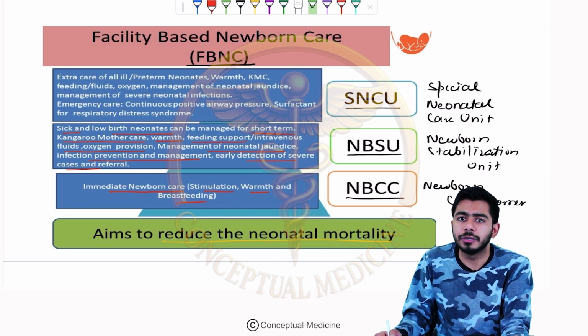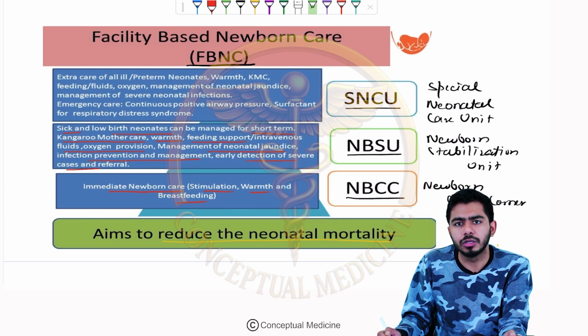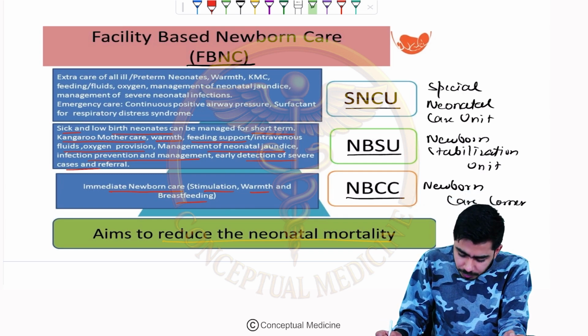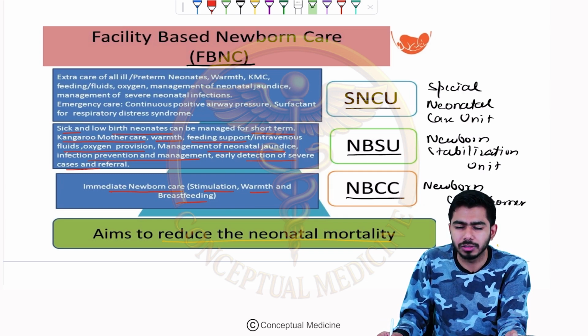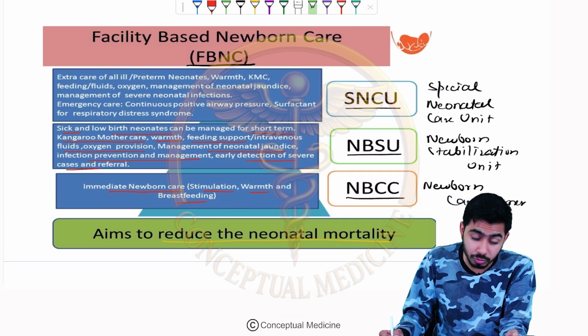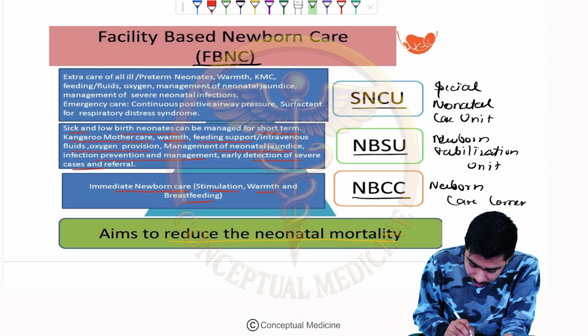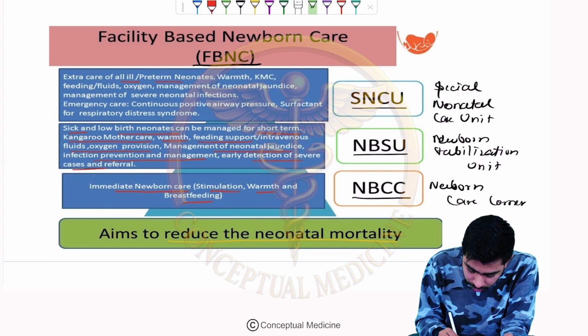In the SNCUs, monitors will be present at the bedside, and they provide better care, or you could say the best care. Extra care is provided to all ill and preterm neonates.